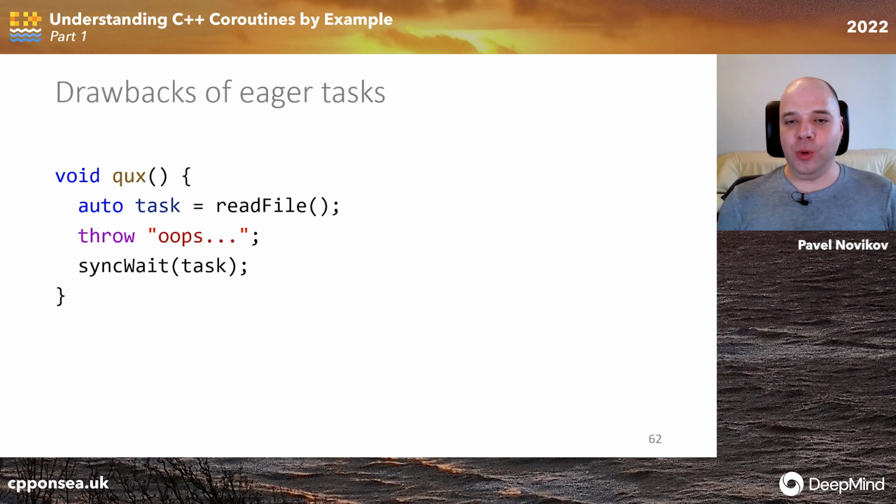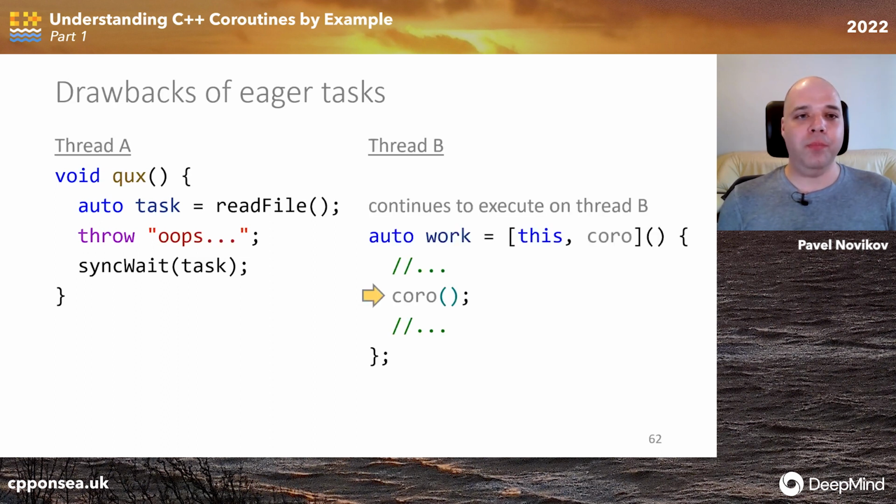I'm sorry to go over time. I have a couple of minutes more. So in this case, with all that thread safety, we still can get into trouble just by throwing, unfortunately, an exception before we can get the result from the task.